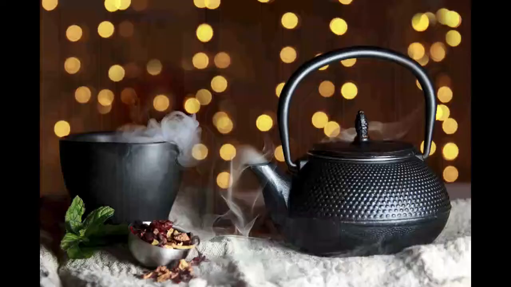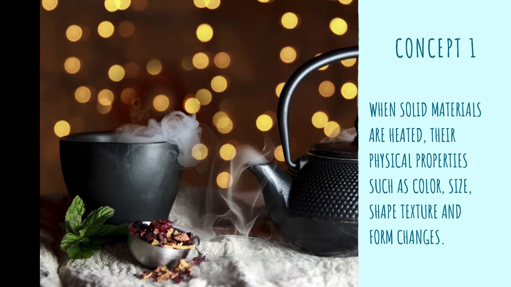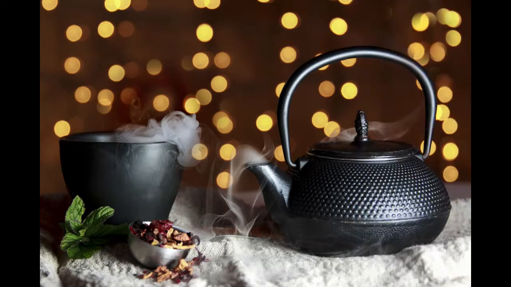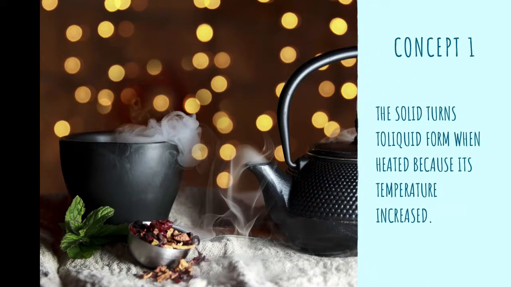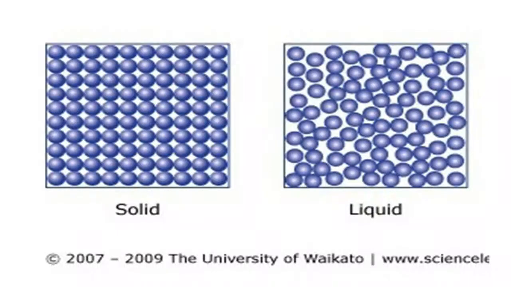Thus, in concept number 1, we can conclude that when solid materials are heated, their physical properties such as color, size, shape, textures, and form changes. The solid turns to liquid form when it is heated because its temperature increases. Tumataas ang temperatura.